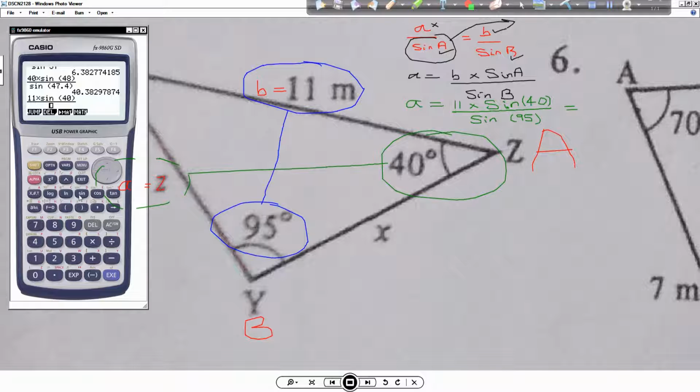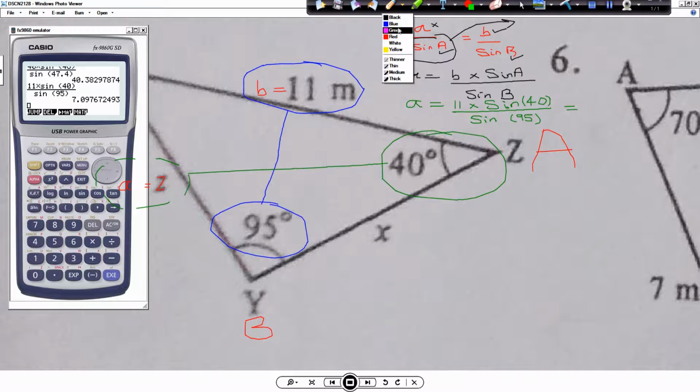On the bottom you have sine, sometimes you get brackets. So 95, close bracket, equals. So that gives us the value of A is equal to 7 point. Now if you round that off to one decimal place, 7.1.